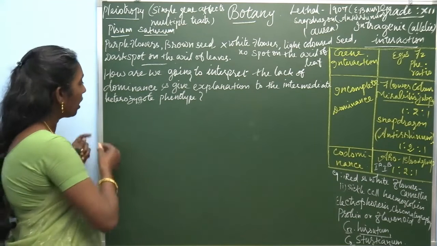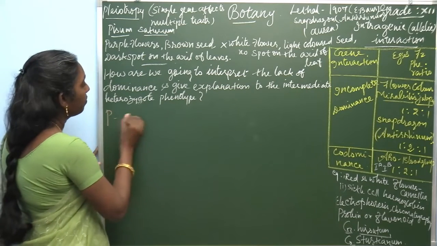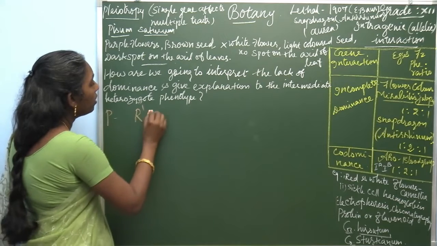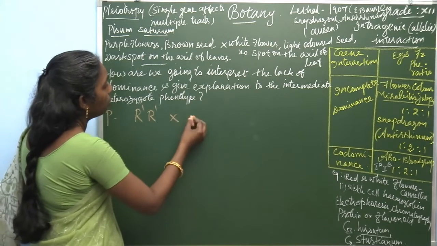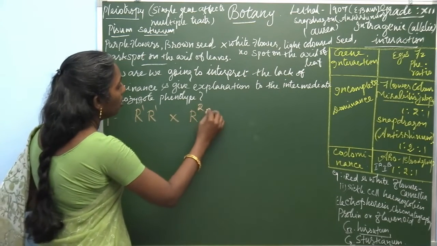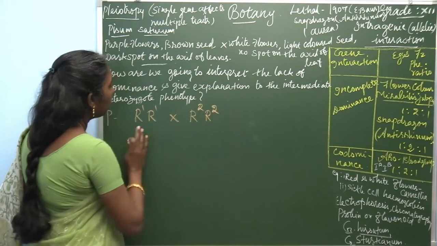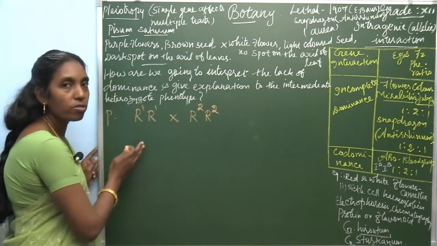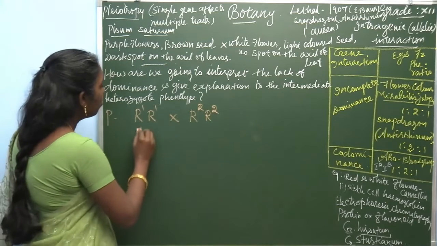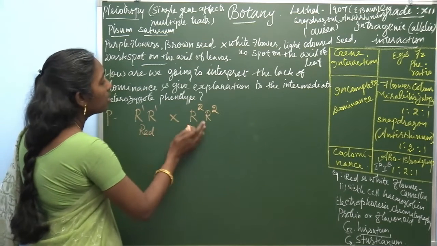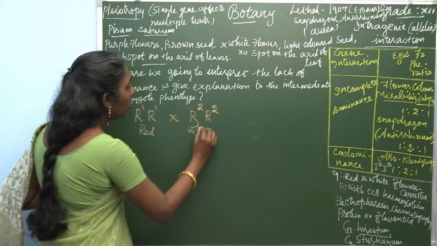So, let's see once again. Here the parent is R1R1 into R2R2. This parent is homozygous dominant, which is red color, and this is homozygous recessive, white.